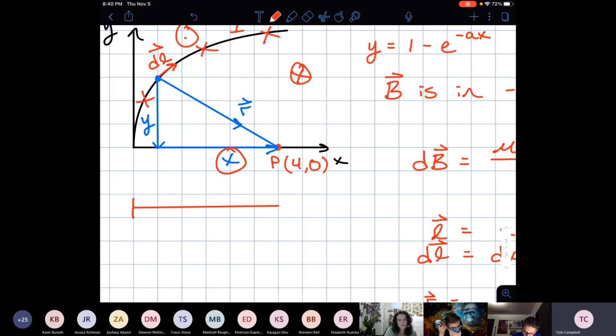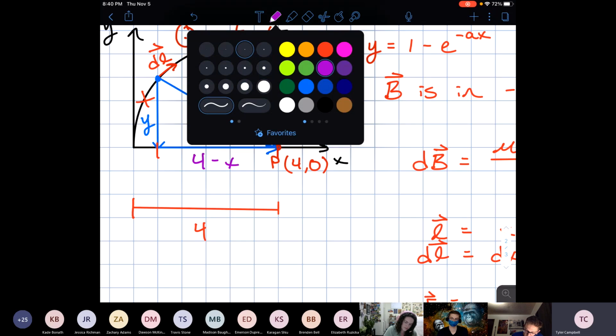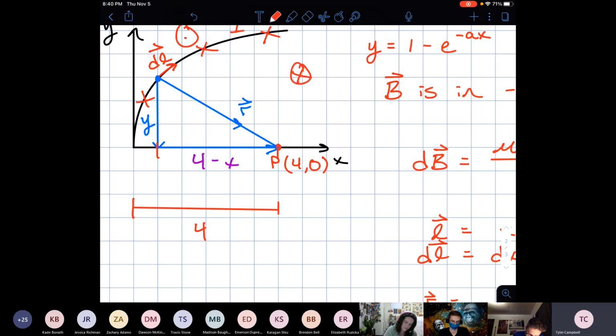I'm given 4 there, and if I already came out a distance x in the x direction, the difference between the two, that difference becomes 4 minus x. The total distance minus the distance that I had to come out from my origin there. All right, does that make sense? I think having a picture really helps, if I could draw a line correctly.